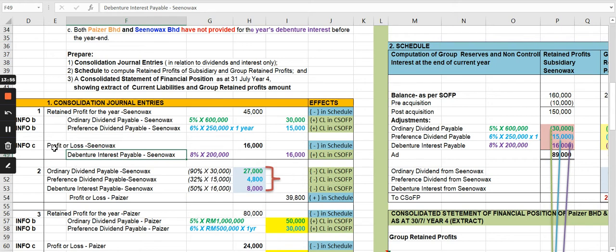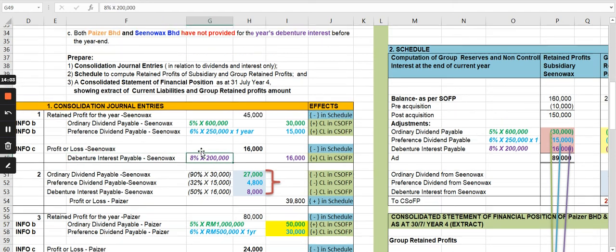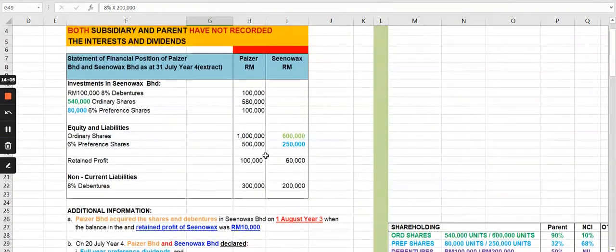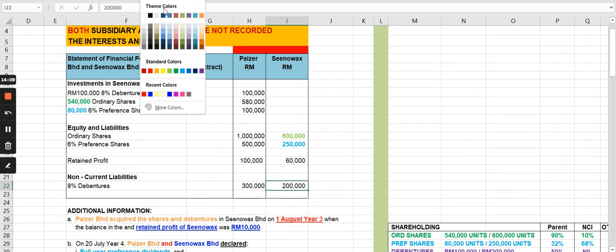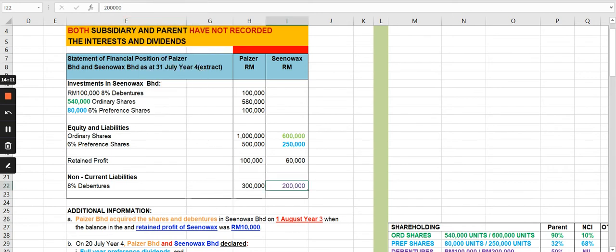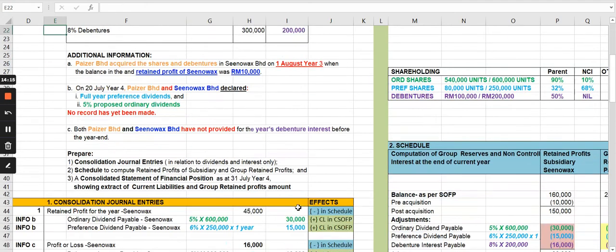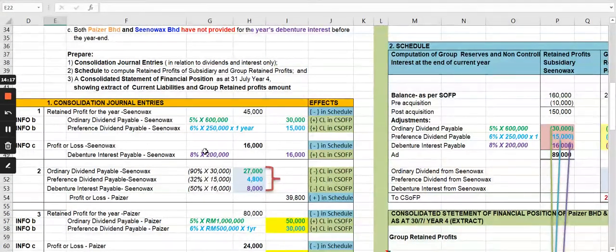So for the finance cost, that means it is the profit or loss before you arrive at the profit before tax. So debenture interest payable of the subsidiary, the carrying amount is 200,000, and that rate is 8%. So you take 8% out of 200,000, that gives you 16,000.